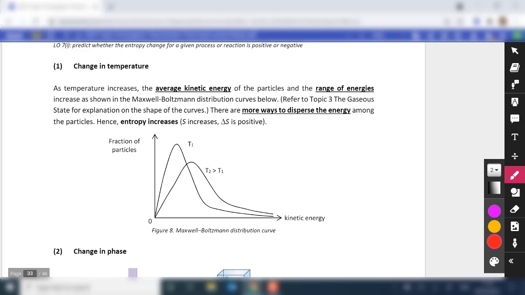As we increase the temperature from T1 to T2, you realize that the Maxwell-Boltzmann distribution curve broadens. When it broadens, you allow this portion with a greater kinetic energy, a greater number of particles being able to access the greater kinetic energy.